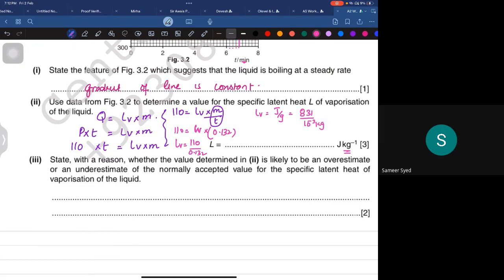That would convert into kg. So that would be 831 times 10 raised to 3, which is 8.3 times 10 raised to 3. Is it clear, kids? Any questions here? Please let me know.